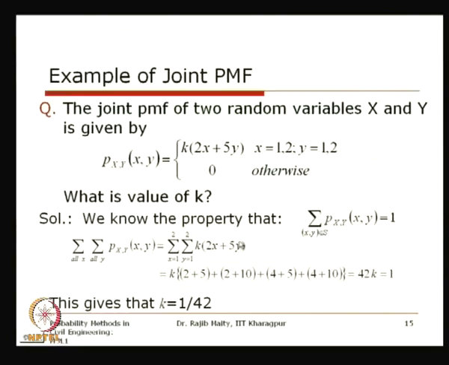If we put their values into this function, we get this expression: the first is x equals 1 and y equals 1, the second is x equals 1 and y equals 2, and similarly for the 4 different possible outcomes. It is found that 42k should be equal to 1. So k equals 1 by 42 for this to be a valid PMF. We got this value of k using this property of the PMF.